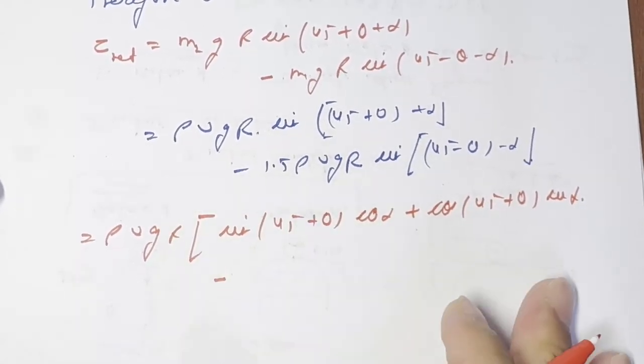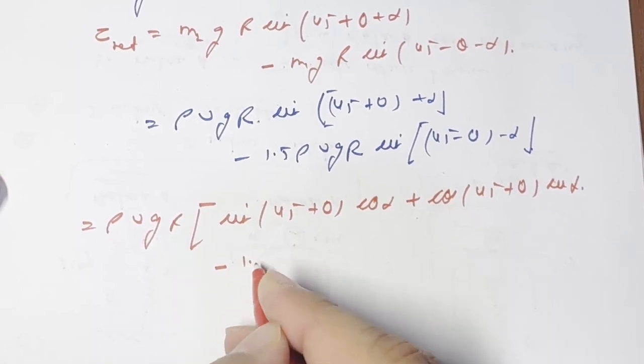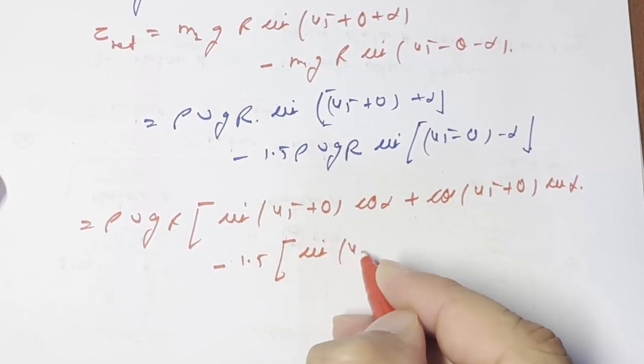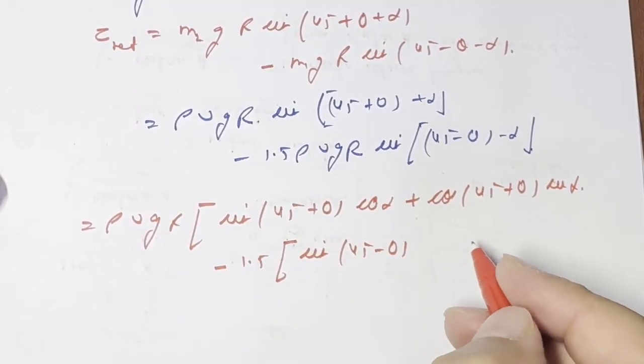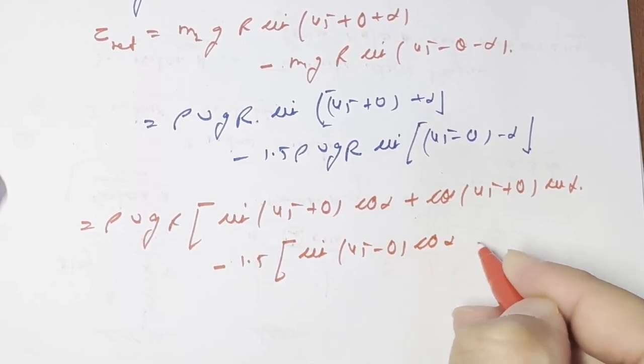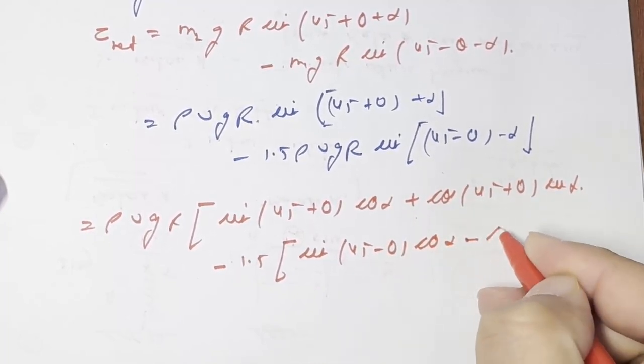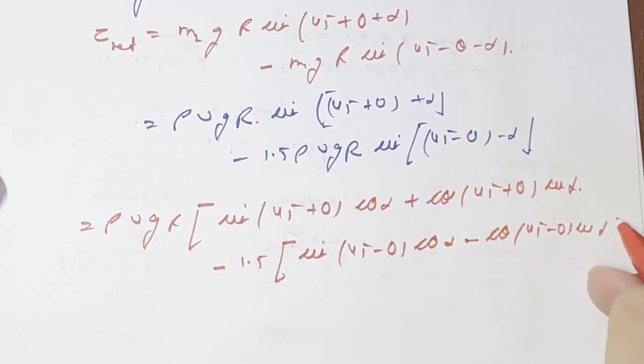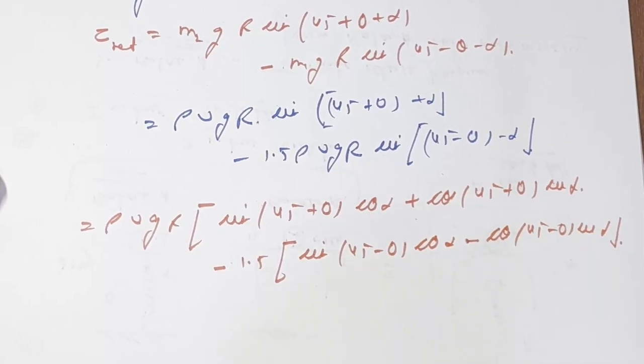For the second term, minus 1.5 times sine of 45 minus theta cos of alpha minus cos of 45 minus theta sine of alpha.